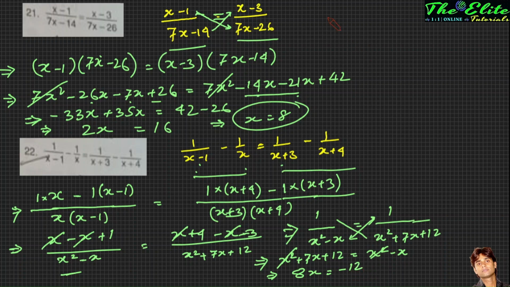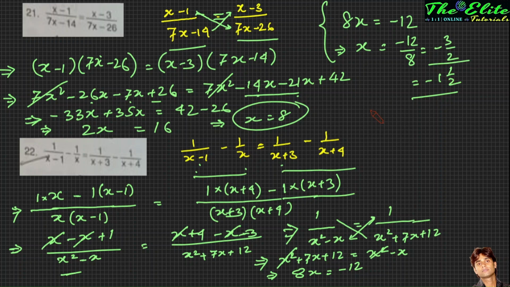Now you can understand, 8x is equal to minus 12, then what is x? X will be minus 12 upon 8, that is minus 3 upon 2, or you can write minus 1 whole 1 upon 2. This or this is your answer for question number 22.